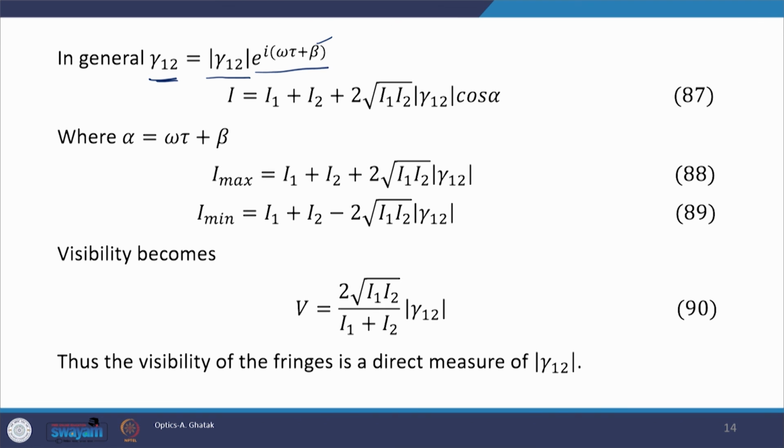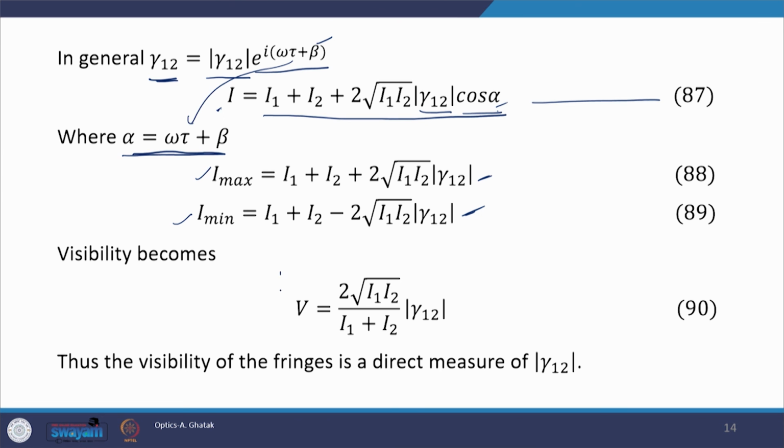And therefore, the expression for the total irradiance at the point of observation is modified by this mod of gamma 1 2 into cos alpha, where alpha is given by omega tau plus beta. Here in this equation number 87, if you calculate I max and I min, then they will have these expressions, where of course, when cos alpha is equal to plus 1, we have I max, and when cos alpha is equal to -1, we have I min.